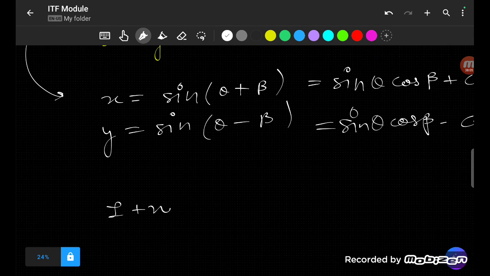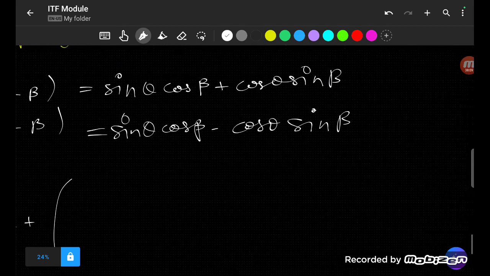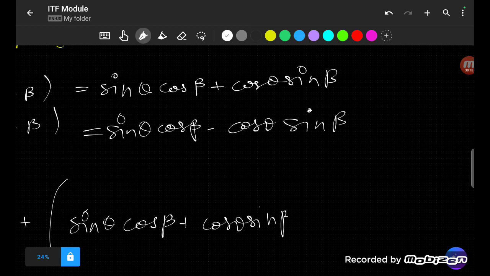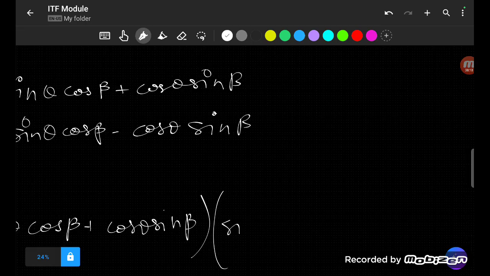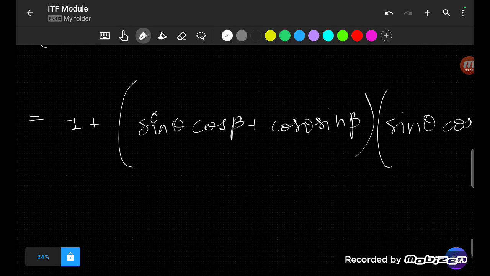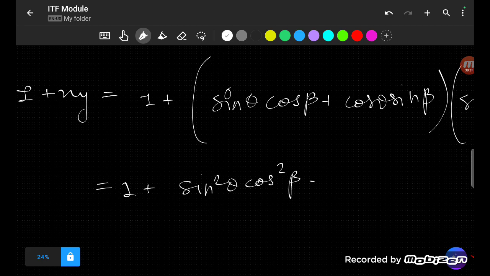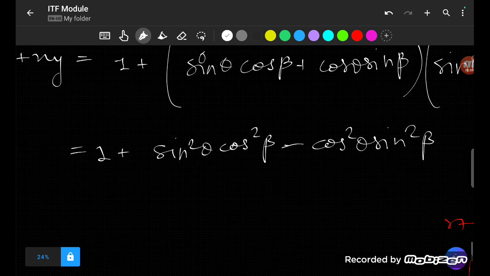So 1 plus xy will be equal to 1 plus this into this, which is pretty much the same here. So here you have 1 plus sine square theta cos square beta minus cos square theta sine square beta.